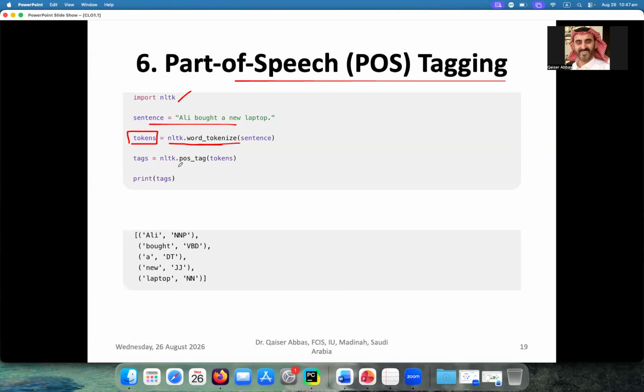Now again using the same NLTK, we are using pos_tag, part of speech tag, and we are passing these tokens into it, the array of separated words. pos_tag is a method available in NLTK which can assign tags to the corpus. Now this tokens is what?